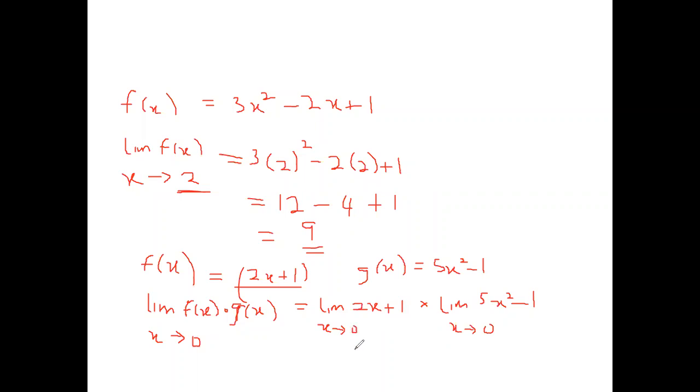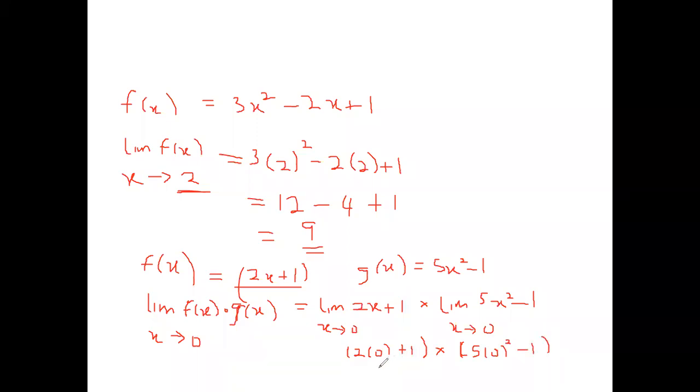This should give us 2 times 0 plus 1, that is for this function here, times, we'll put another bracket, 5 times 0 squared minus 1.